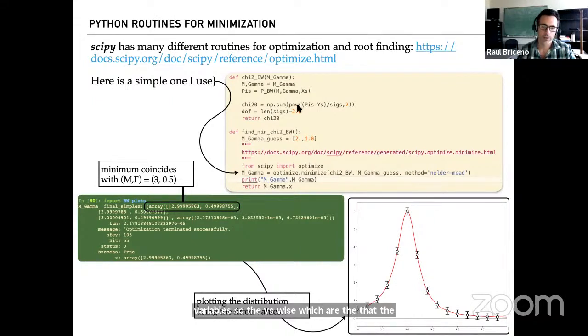Here is a place where I could have done a for loop to evaluate the sum over the chi-squared. Let me remind you what the sum looks like. Let's pull it up.